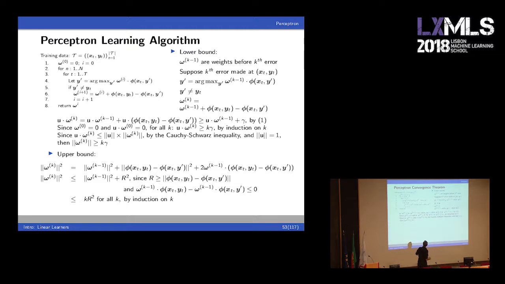Then by induction, we can say that for all k, u times wk is greater or equal to k times gamma, because we have this relation of u times wk is greater or equal than u times wk minus 1 plus gamma, k times.